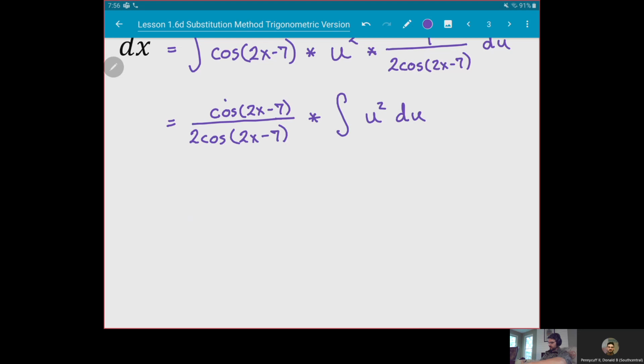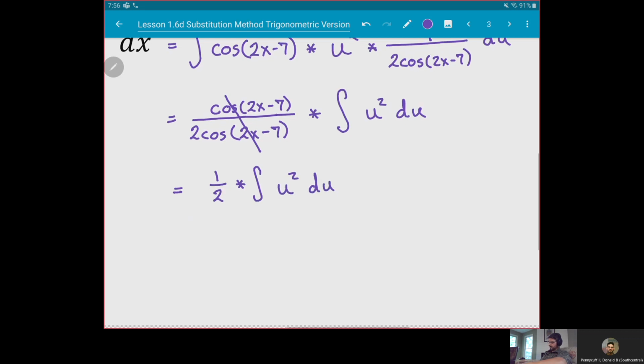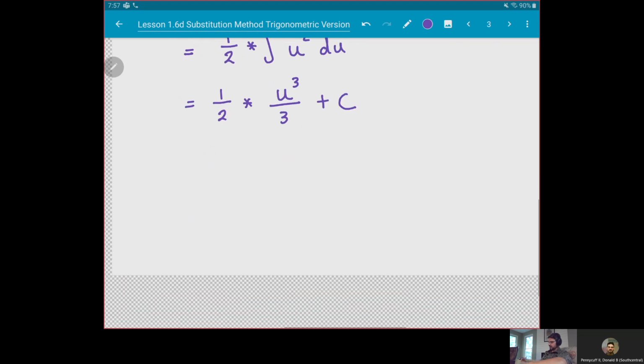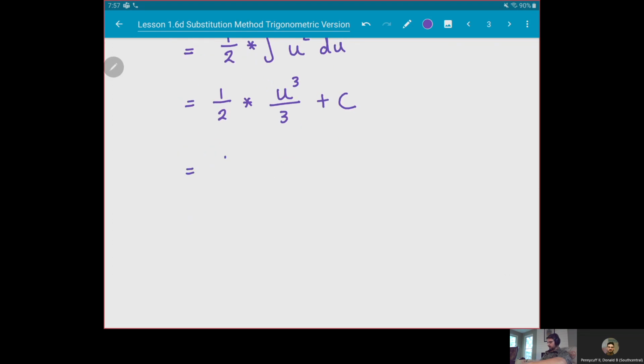But thankfully these cancel out, and I am left with 1/2 times the integral of u squared du. Okay, so that's just going to be power rule. So I'm going to increase the exponent by 1 and divide by my new exponent. Now is a good time to put in my plus c, and all I have to do now is put back in my sine.